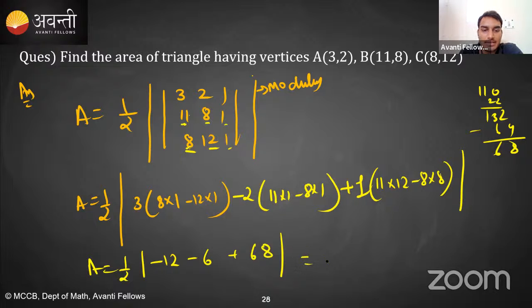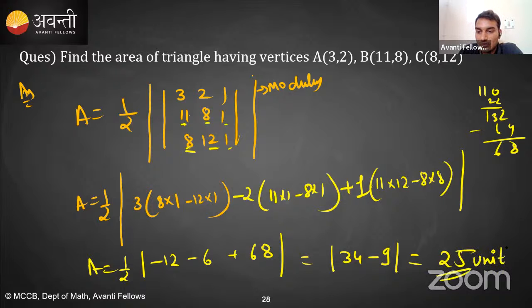Clear. Kitna aa gaya ye, which is nothing but 34 minus 9 which is 25 unit square. Clear. Clear.